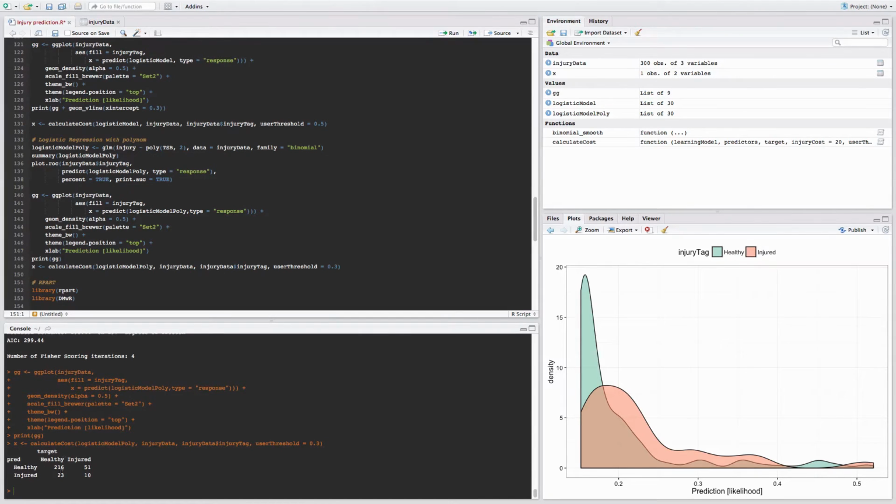So we also have a confusion matrix showing the real healthy guys, the real injured guys, and the predicted healthy and predicted injured. As I said, the diagonal are the correct guesses, and off the diagonal are the false positive and false negative errors.